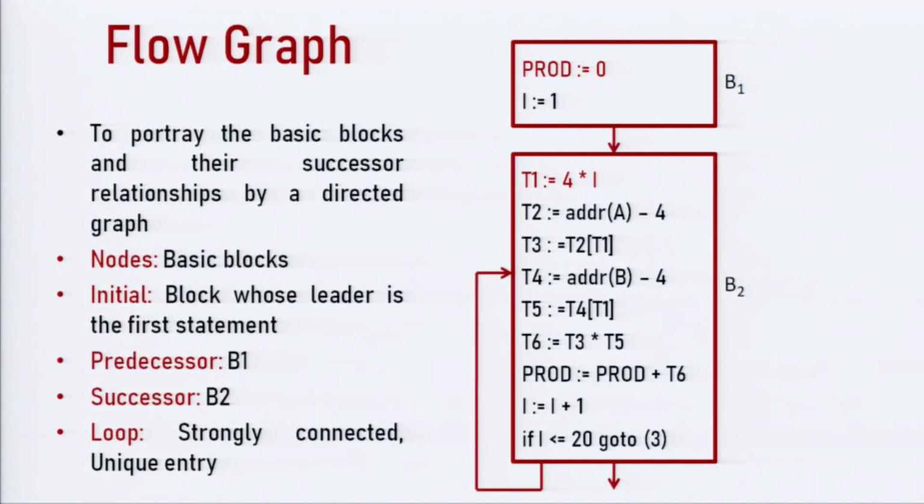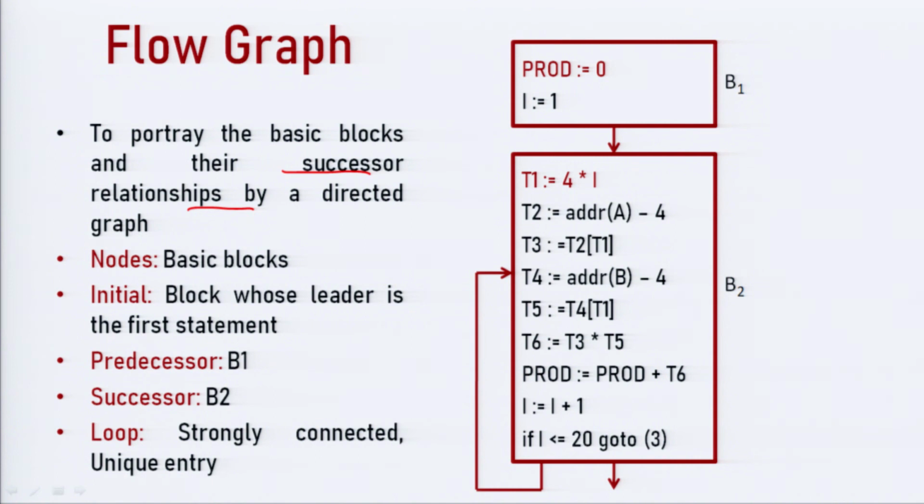Now, next, for doing the data flow analysis, we will draw the flow graph. It is used to portray the basic blocks and their successor relationships by a directed graph. So, we will have the nodes, and the nodes will be connected through transitions.